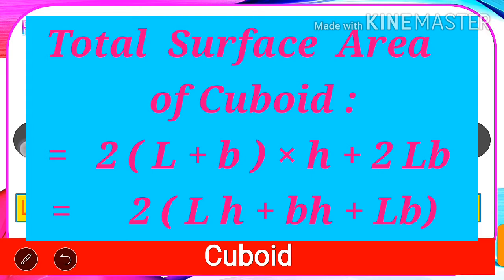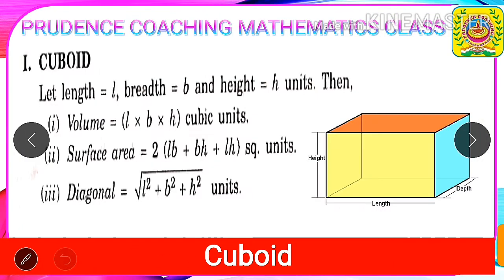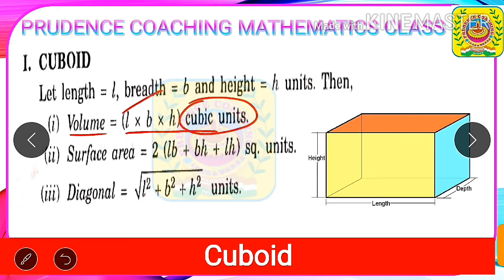So students, let us revise the formulas which we have seen. See, volume is length into breadth into height, and you need to add cubic units, because we have centimeter or meter, anything given in the question, as cubic units.